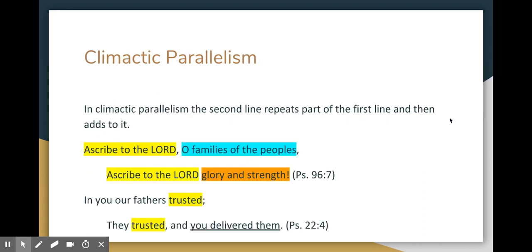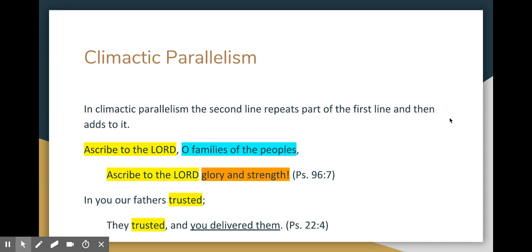Now, climactic parallelism. In climactic parallelism, the second line repeats part of the first line and then adds to it. So let's take a look at Psalm 96:7. Ascribe to the Lord, O families of the peoples. Ascribe to the Lord glory and strength. So the first two parts of these sentences are parallel.